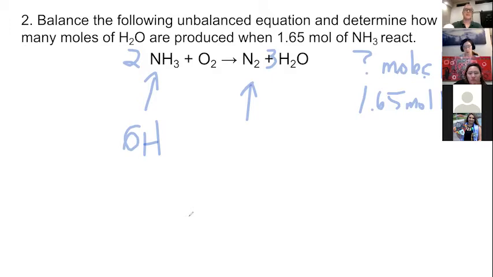So I have 3 oxygens on the product side. How many oxygen atoms do I have on the reactant side? Because remember, we're counting atoms, we're not counting molecules. So how many atoms do I have on the reactant side? 2. So how do I get that to equal 3?